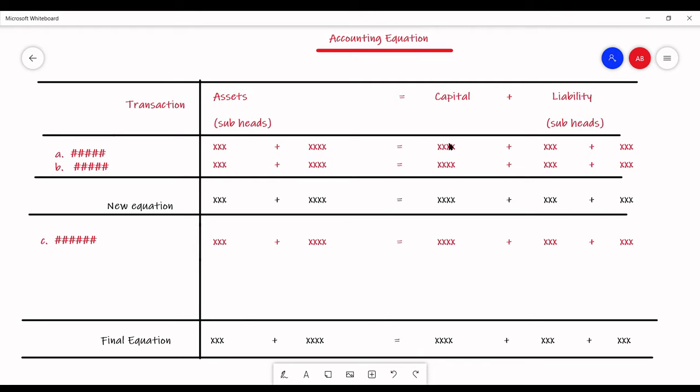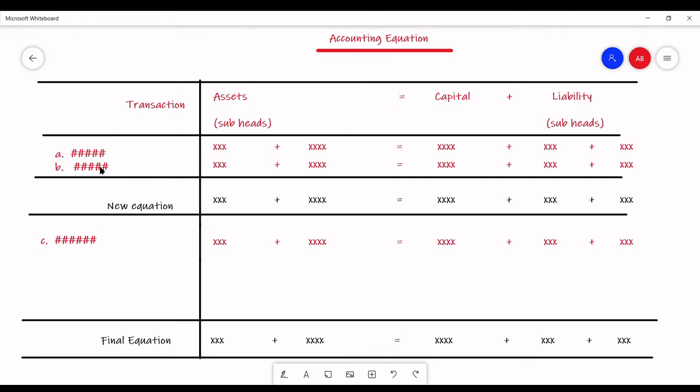Similarly, below the capital we'll put their amounts, and the liabilities also we will be putting under these heads accordingly. All this we will understand with the transactions that will be given in our problem.